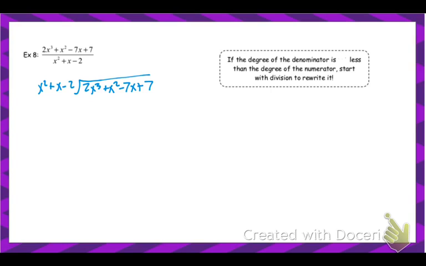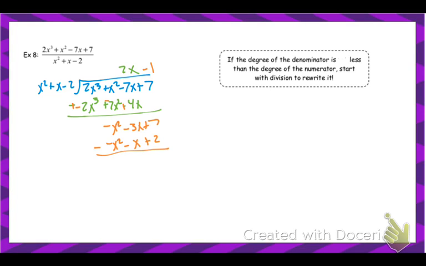So if I do my division, I start with 2x, I multiply, I can subtract. So this is going to be -x squared minus 3x plus 7. Then we'll go through again. I'll get -1. I'll subtract.